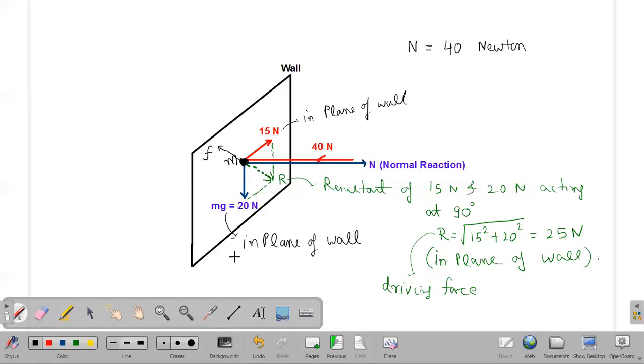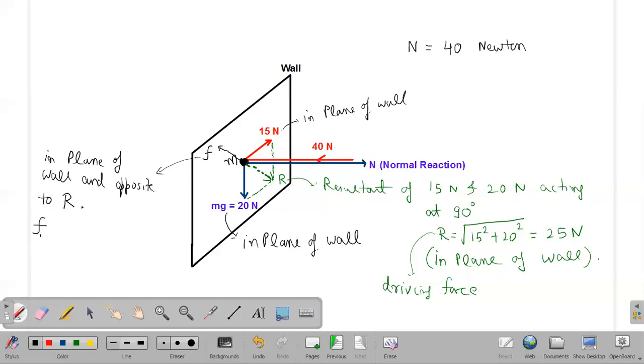So notice this friction is in plane of wall. Remember, friction is always parallel to the surface. So friction must be parallel to the wall. It is in plane of wall and opposite to the resultant force R, which is our driving force in this condition.